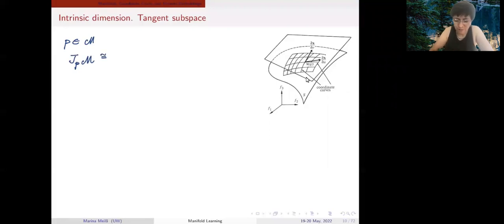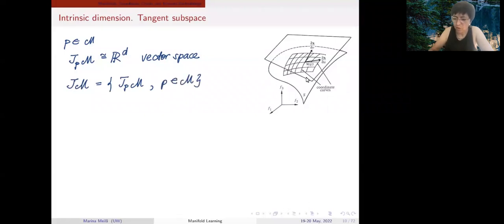And this is a vector space isomorphic with R^d. The picture on the right shows how we imagine it if the ambient dimension is another R^D. And the notation T of M, which you may or may not see in this course, is basically all the tangent spaces. It's called the tangent bundle.